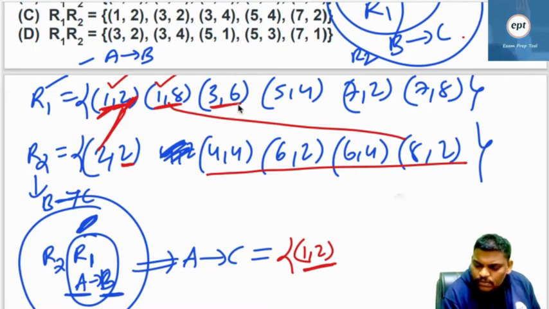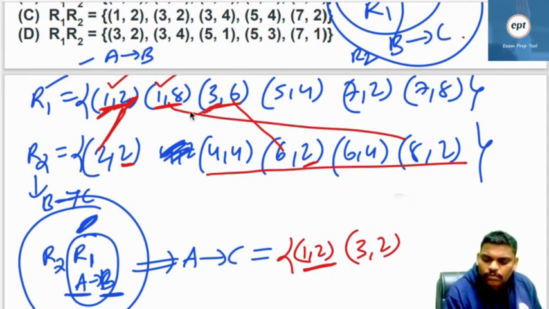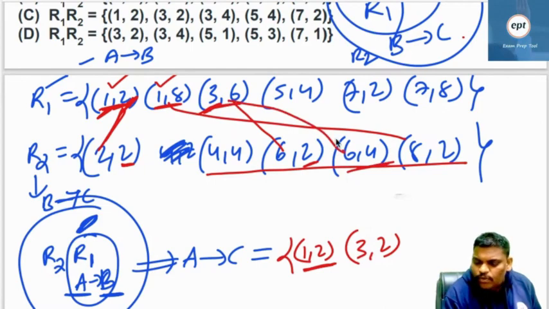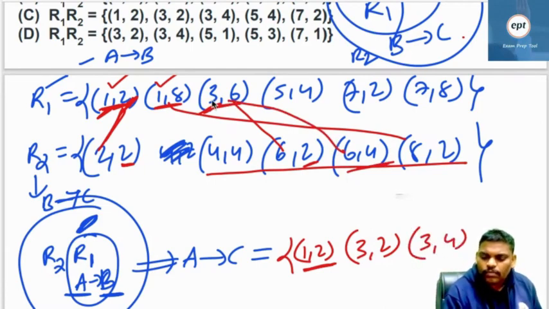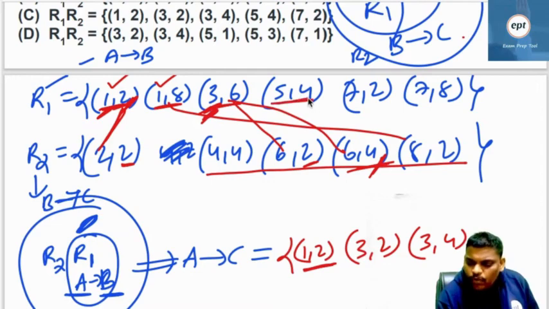Starting with 6, 6, 2. So 3, 2. Next one also: 3, 6, 6, 4. So 3, 4. Next one, 5, 4.